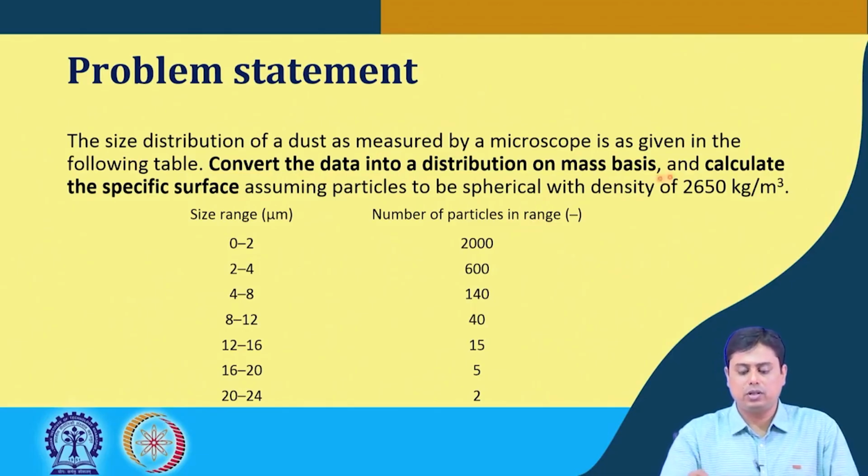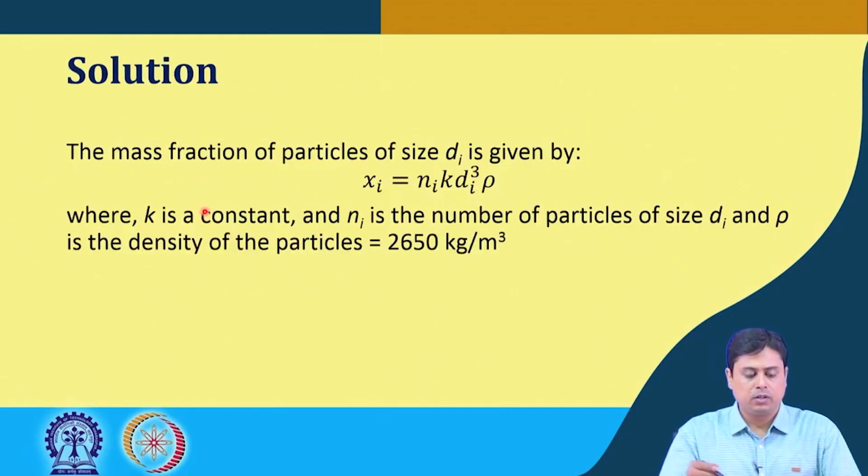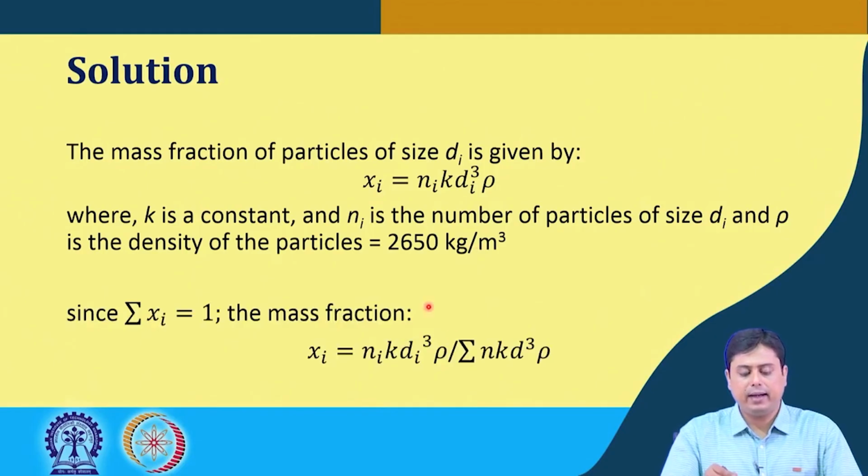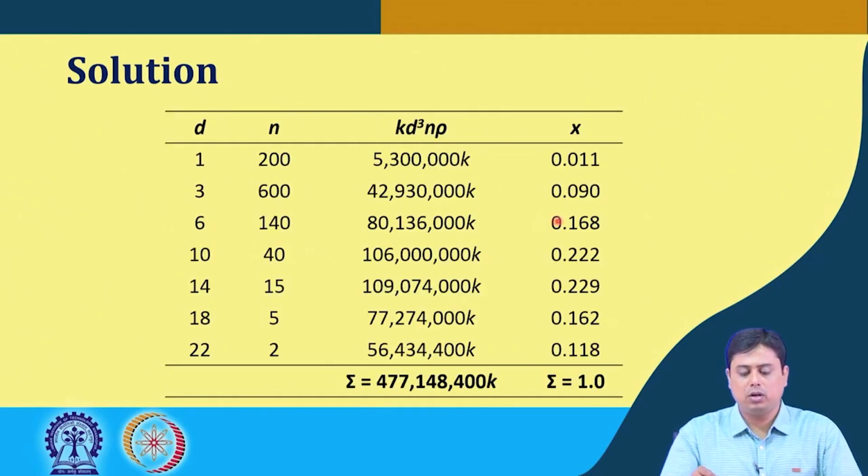Then the question was to calculate specific surface area assuming that all particles are spherical with a known density. For that, at first we converted the number distribution to mass distribution by following this table, by the known relation of n and x.